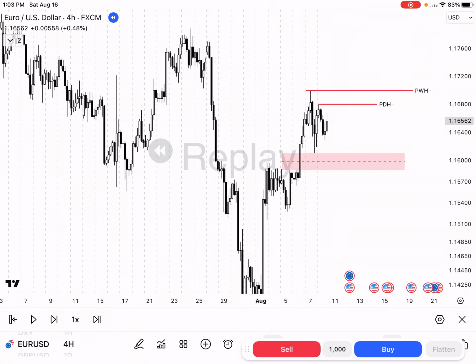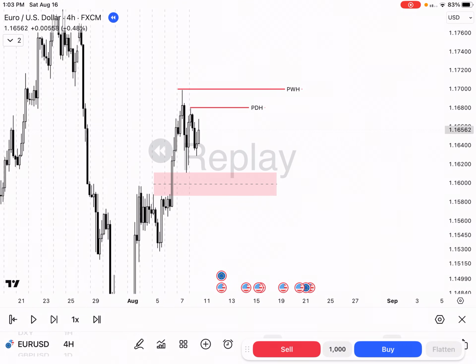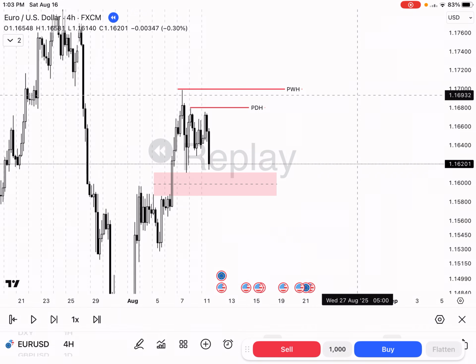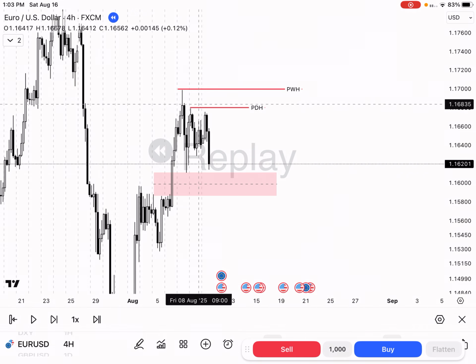Let's see. On Monday, the market opened, went above and then closed up without taking this liquidity. It means the market has left this liquidity to be taken later on.